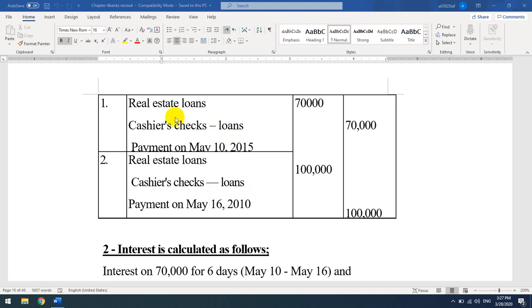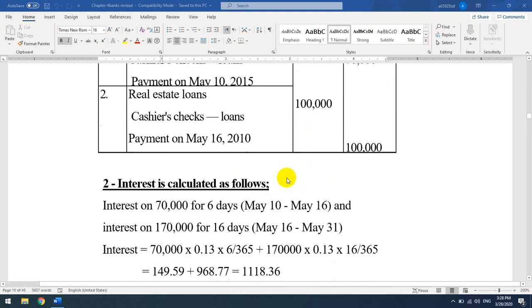So the real estate loan amounted to 70,000 Egyptian pound for the days May 10, 11, 12, 13, 14, and 15, 6 days, to be increased on May 16 by 100,000 to become 170,000 for the rest of the month.